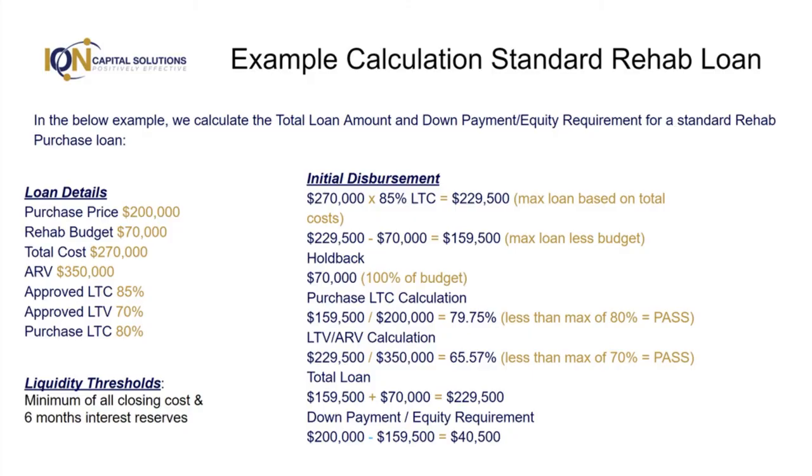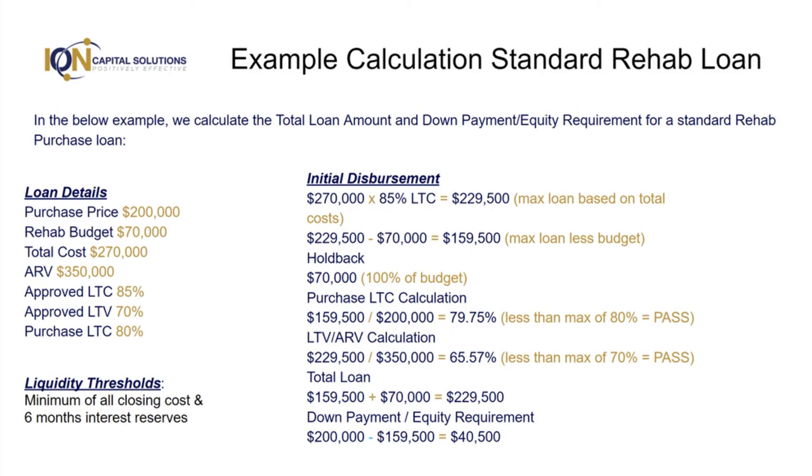But quite simply, purchase price is $200, rehab is $70, total cost is $270, ARV is $350. So in these calculations, I'm able to use 85% loan to cost or 70% of the LTV. So when I'm looking at how my loan is based, my loan is going to be based off of the 270 times 85%. That's the loan amount that I can get off of cost.